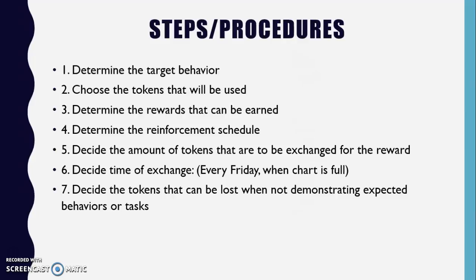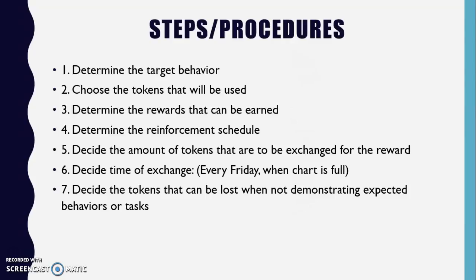So number 5, decide the amount of tokens that are to be exchanged for the reward. So this may be 5 tokens equals more free time at recess. Number 6, decide the time of exchange. So this could be every Friday or when the chart is full. It really just depends on how you're doing this.